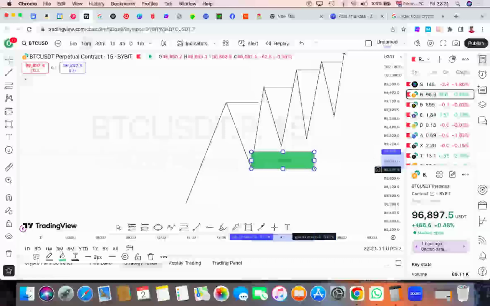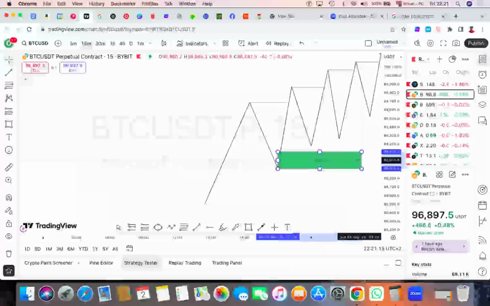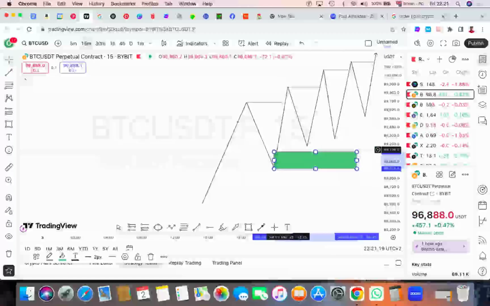So you would see always here, this here is an unmitigated order block. If there is a break of structure to the upside and the next block doesn't buy into this order block, our OB, this is an unmitigated order block.